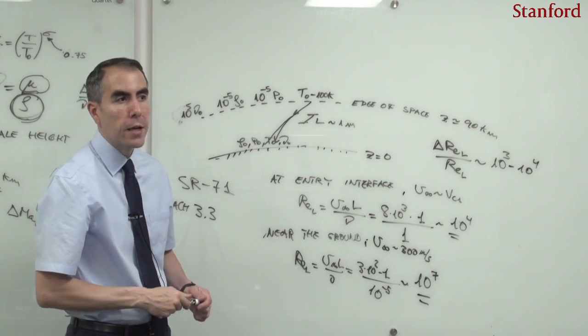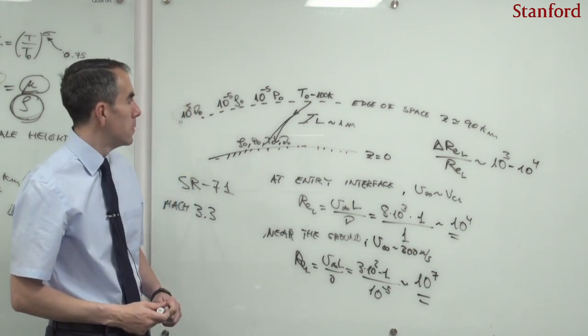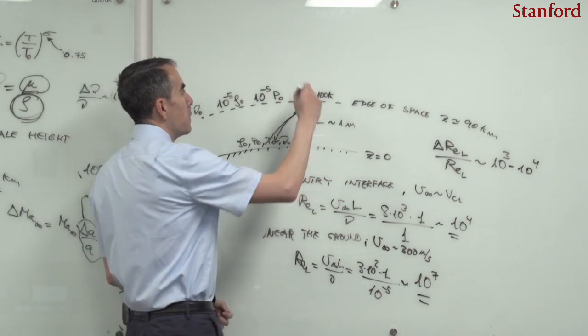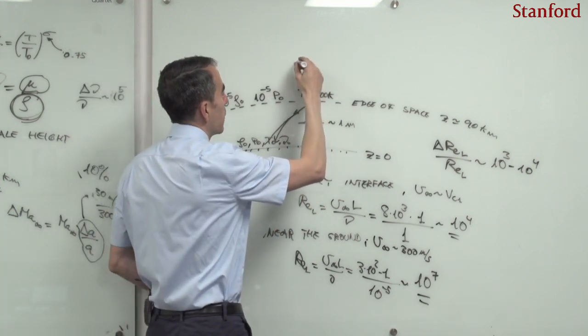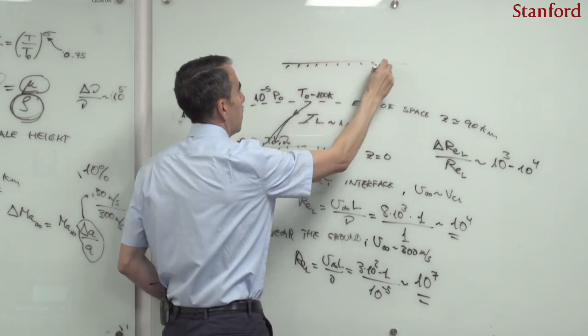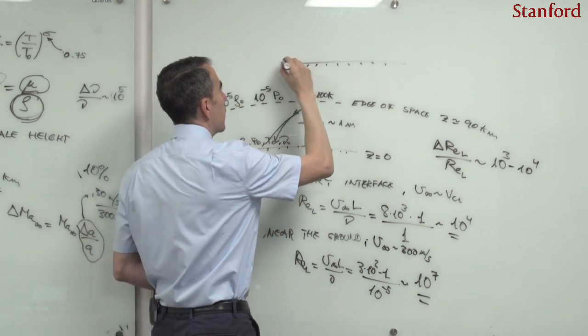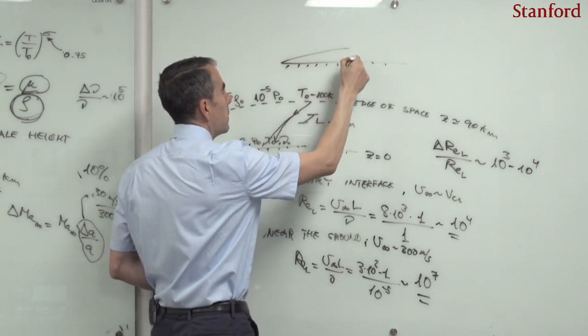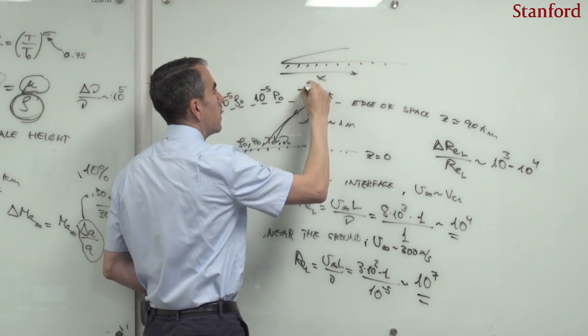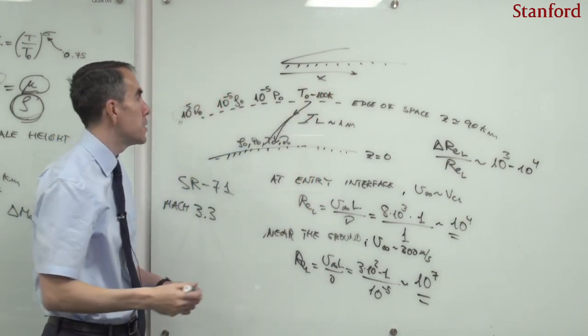Well, this actually entails a complex problem because, as you may remember from your basic fluid mechanics classes, if you have a flat plate and the flow is incompressible, there is a boundary layer developing here, and that boundary layer at some distance x from the edge tends to transition, right?